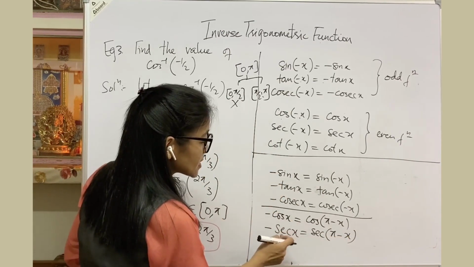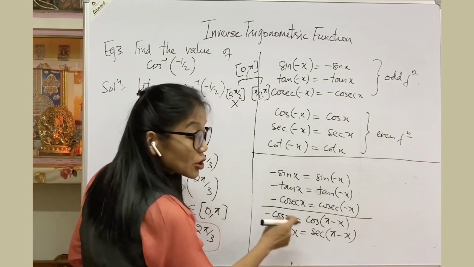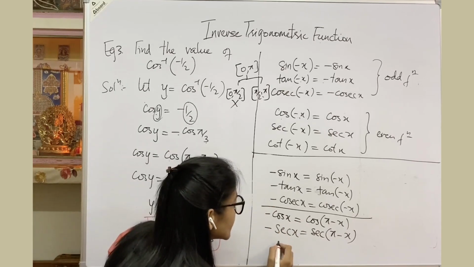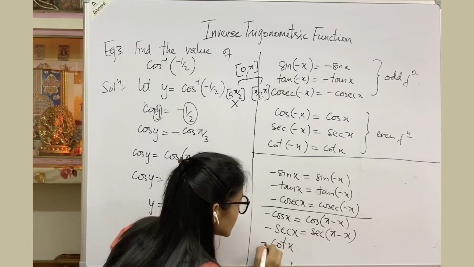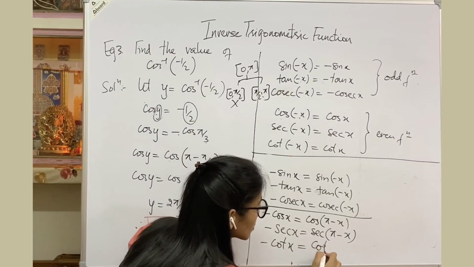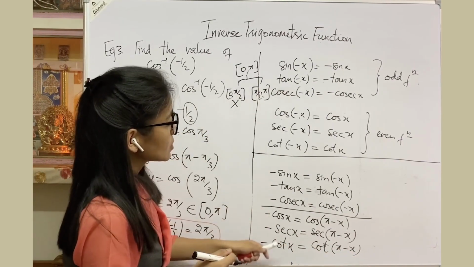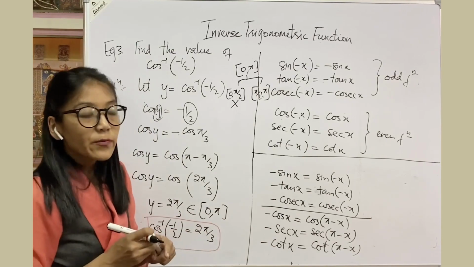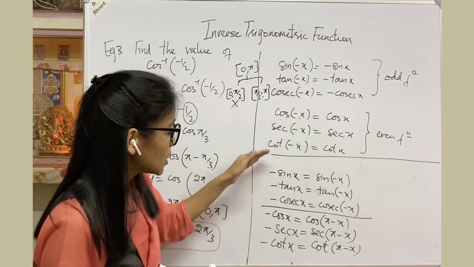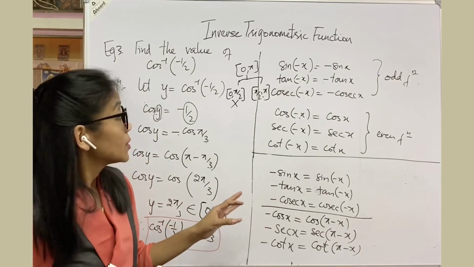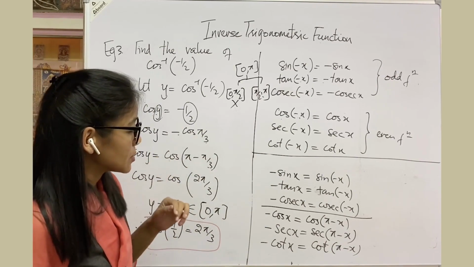You will not take the negative inside with the angle. Then similarly for negative cot x, write cot of pi minus x. So please note all these things down in your notebook, because you have to apply them frequently in such types of questions.